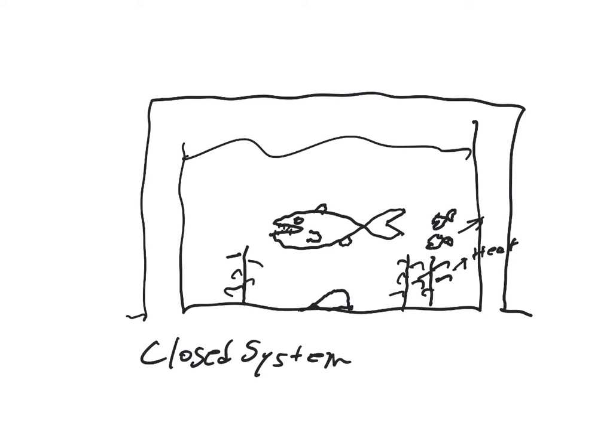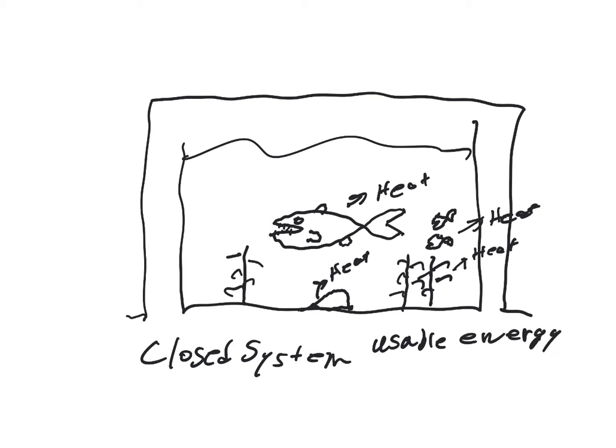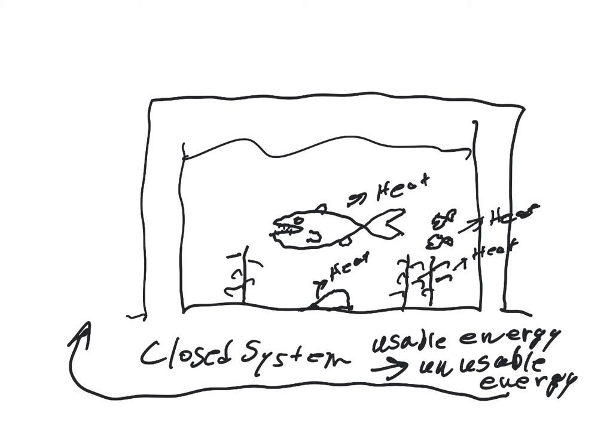Every time there's an exchange of energy, it will be converted to heat. And heat is a non-usable form of energy. So pretty soon all the usable energy winds up being converted to unusable energy. And what happens when everything does this? Everything dies.